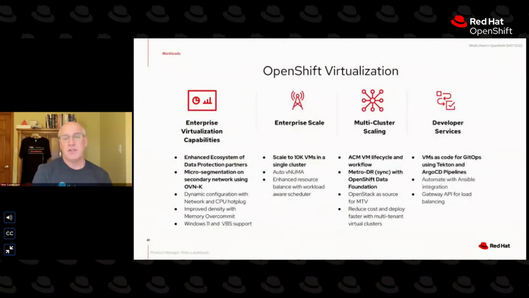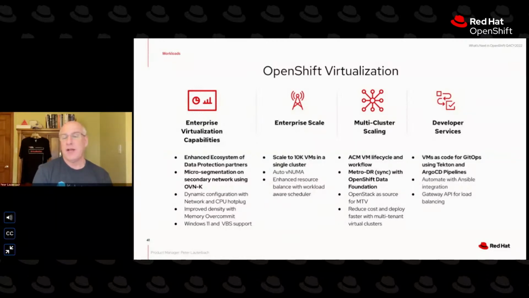So OpenShift Virtualization, or VMs in OpenShift, have been used in many different production areas. And we've recently at KubeCon had ecosystem partners like Veeam and Kasten and Trilio announce support for virtual machines in OpenShift. And we're expecting other data protection partners to announce their support in the coming quarters.